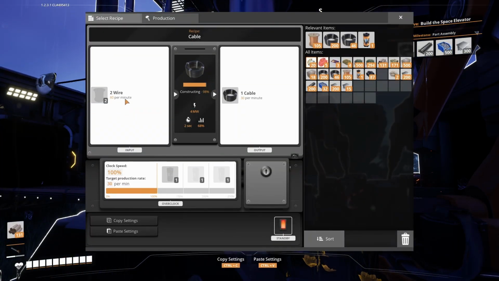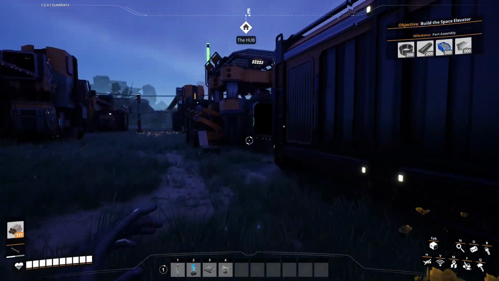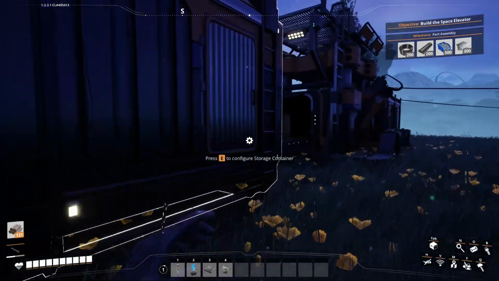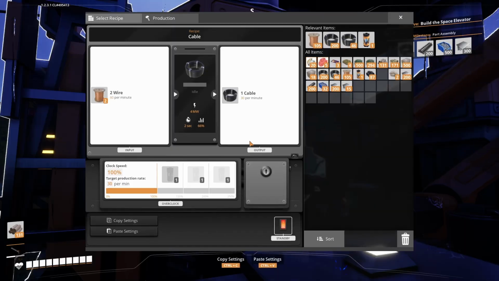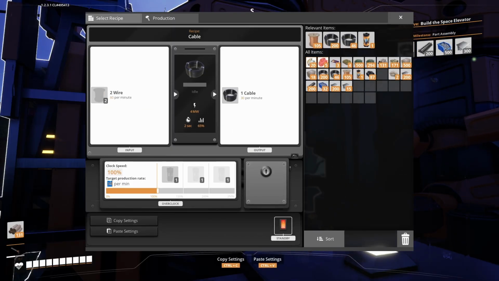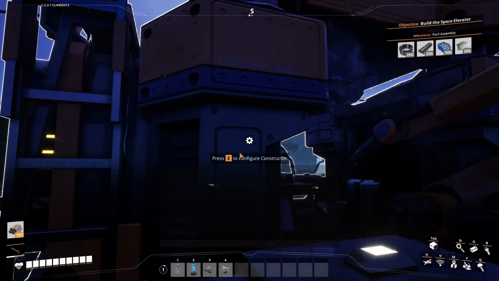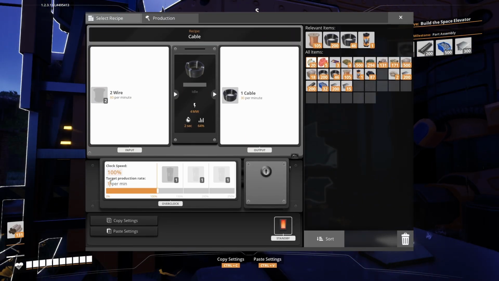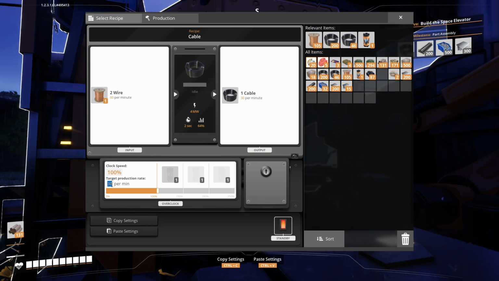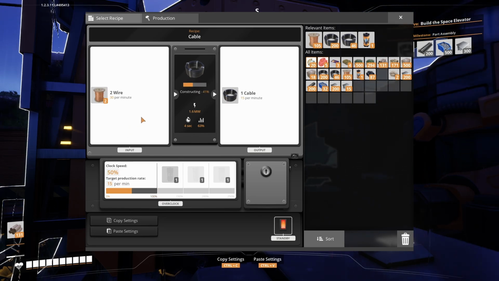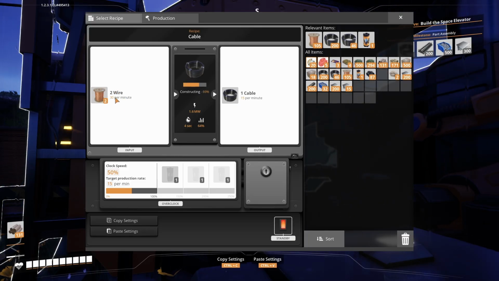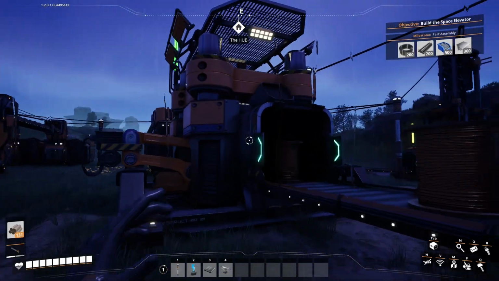Okay, so you consume 60 wires per minute. You produce 30 wires per minute. So our wire bucket is empty. So if I go down to 15, whoop, go down to 15 per minute. That brings this down to 30, which is exactly what this produces.